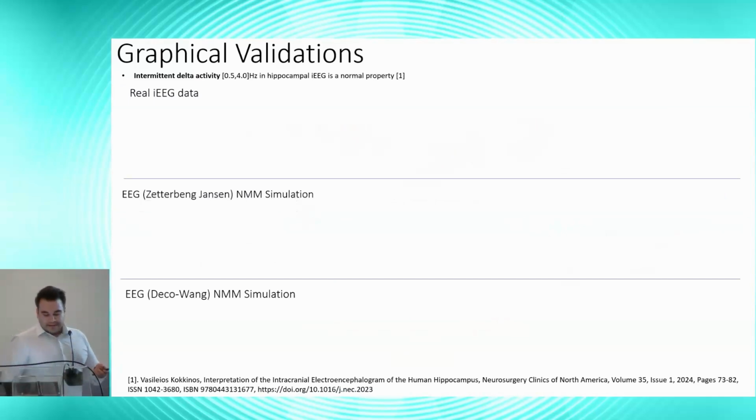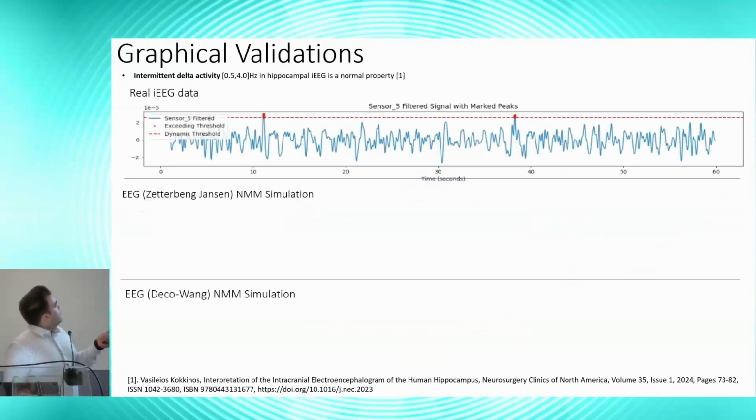The next one is an intermittent delta activity that is considered a marker for hippocampal intracranial EEG. So here we can see that there are some spikes on the delta activity for the real data set. This indeed is intermittent.